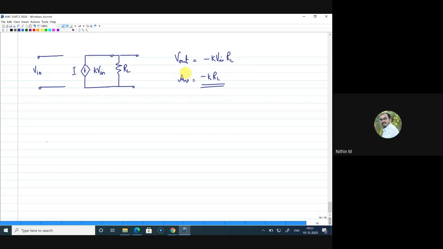Your voltage gain of this circuit, or you can say your input is amplified by K times, which is the property of the device, and by RL, the load resistance. So whatever resistance I connect here, I get the appropriate gain value. So gain can be adjusted by putting this resistance value RL.